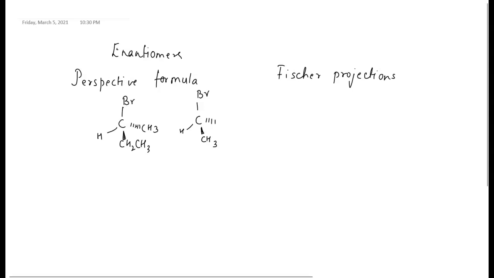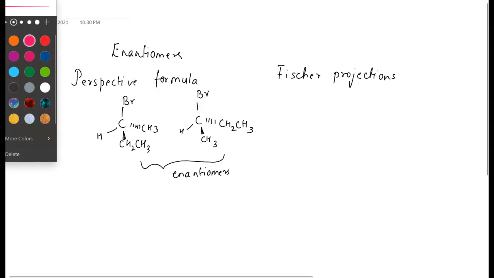Okay, so now we have CH2, CH3 here. Okay, so this represents a pair of enantiomers, and you can prove that by figuring out the R and S configurations at the chiral center.